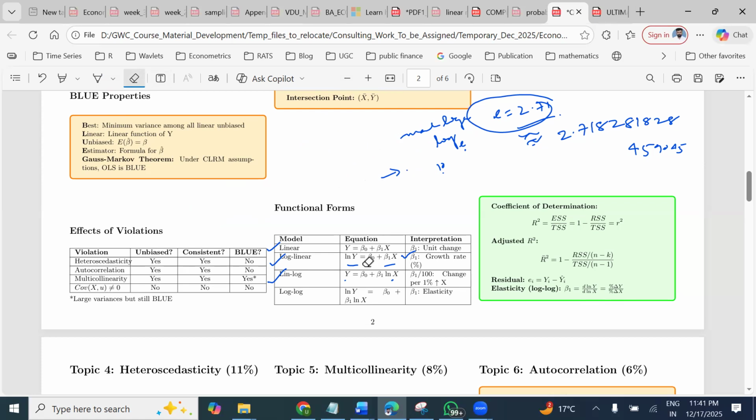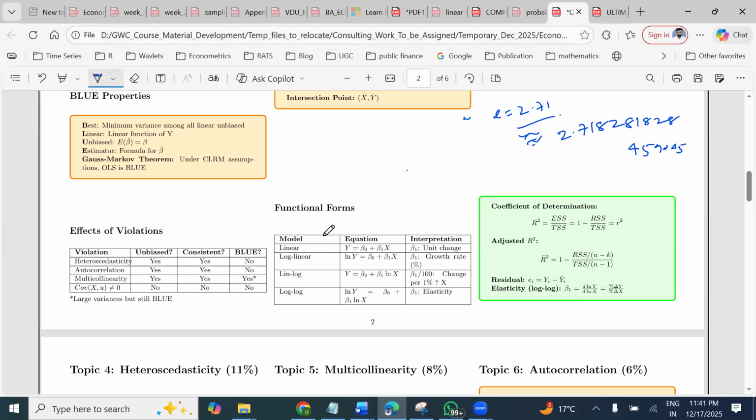Now in our models, the next model is the lin-log model. Your dependent variable is as it is and the independent variable is ln. How will you interpret it? Whatever beta 1 is, you divide by 100, so you interpret it as a percentage.